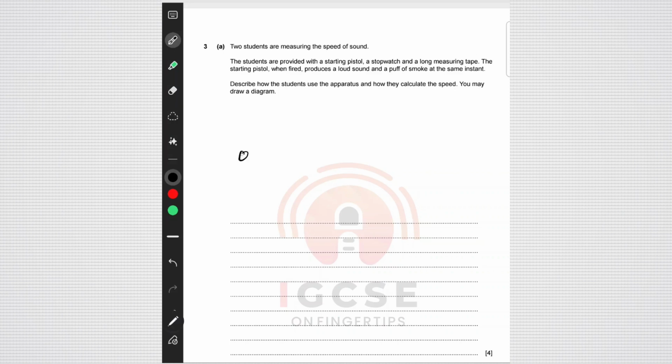I'll draw one student who has a pistol in his hand, and the other student. Their distance is 200 meters. Because there is a long measuring tape, I can find out the distance between them. This person has a stopwatch with him or her, right? What will you do?